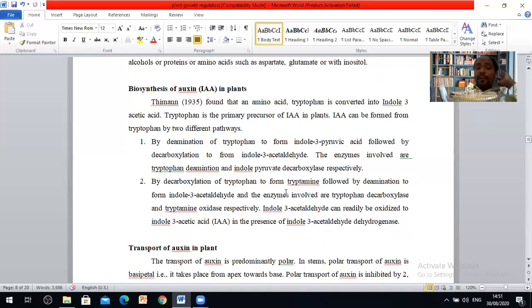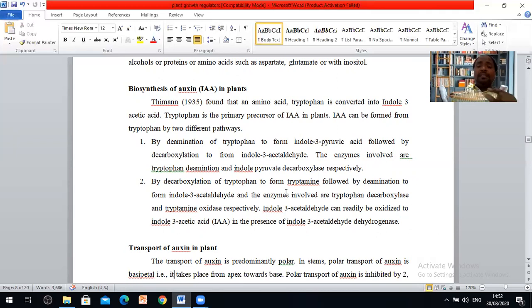Now later on, by the process of decarboxylation, tryptophan forms tryptamine, followed by deamination to form indole 3 acetaldehyde. The enzymes involved are tryptophan decarboxylase and tryptophan oxidase respectively.